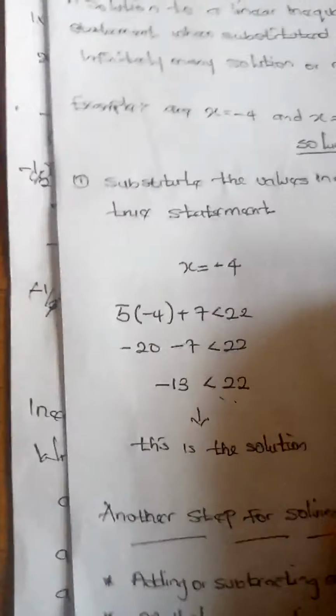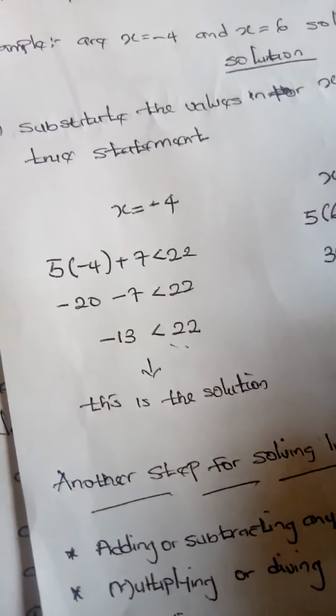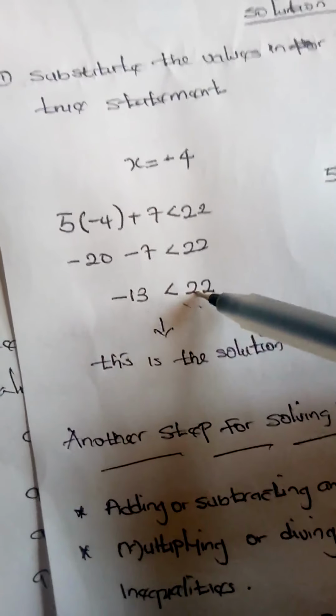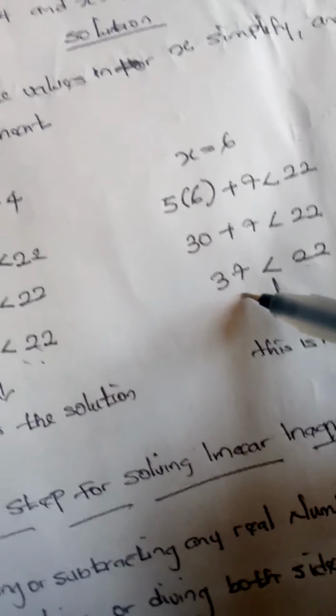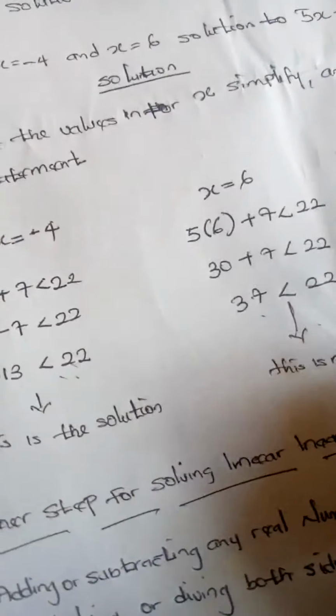Look very well, they said 5x plus 7 is less than 22. So this is -13, and -13 is less than 22. But here, 37 is greater than 22. So this solution is false, and the other solution is correct.